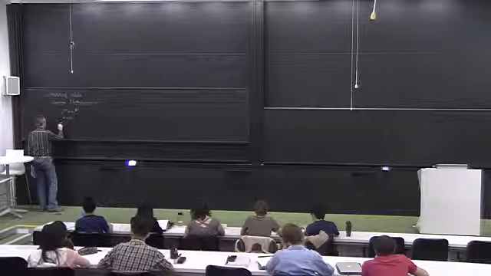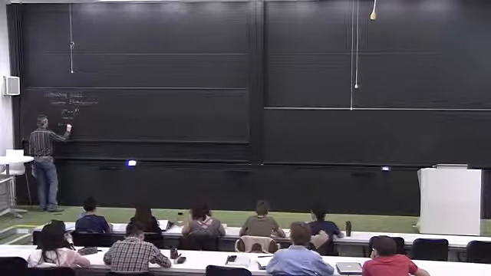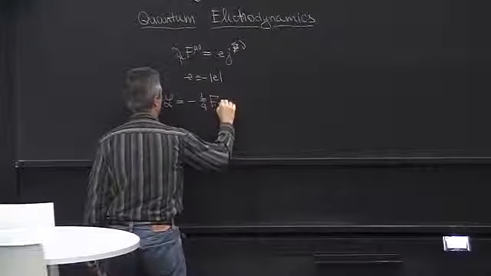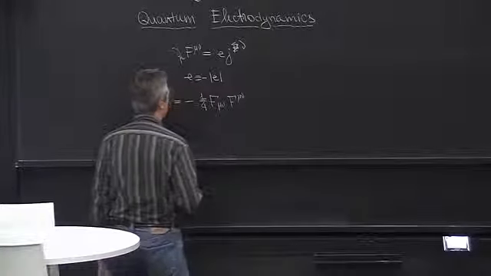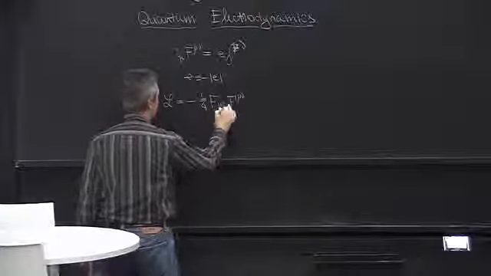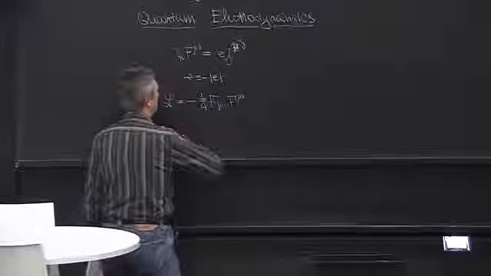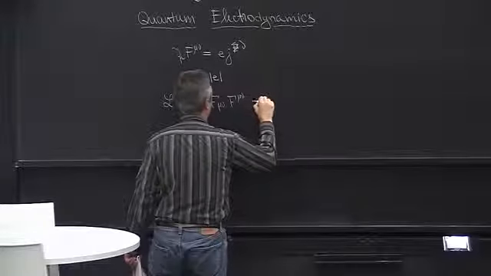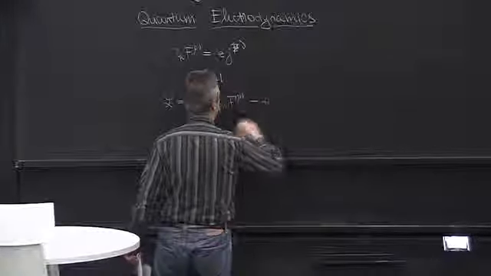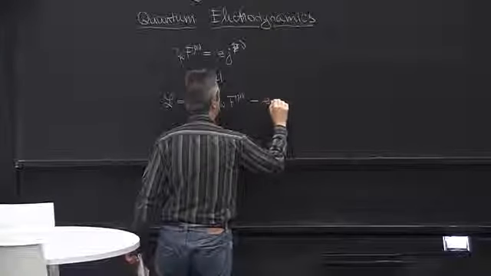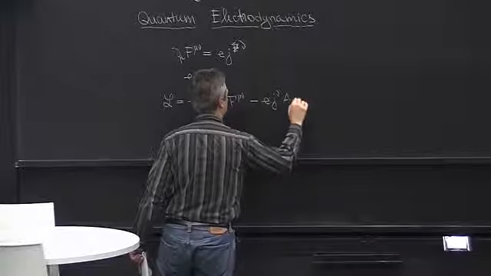Then the Lagrangian from which these equations follow, well, the free electromagnetic field part was this one. So one has to express F through A, and then to get a term on the right-hand side, we just couple it linearly to the potential.